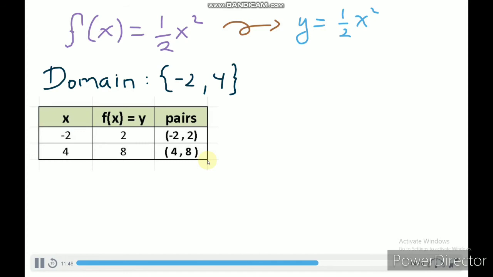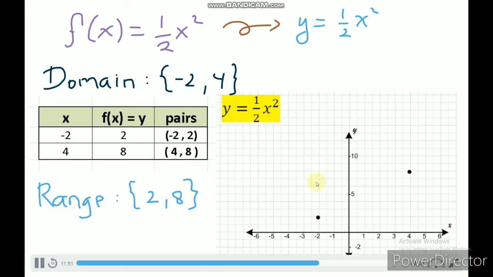If I show it in the graph, the graph can only depict 2 dots, since there are only 2 solutions, since the domain only consists of 2 values, and the range eventually will consist of 2 values also, which is 2 and 8.